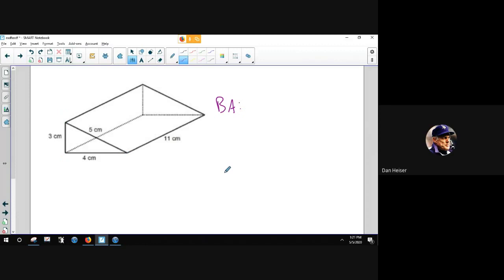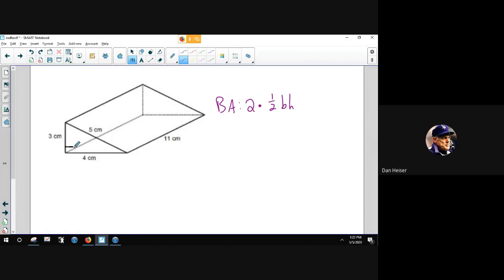So area of the base. Well, we have 2 triangles. Each triangle is 1/2 base times height. And notice I used the little b to represent the base. Looking at my triangle, I see the lengths 3, 4, 5. Now we know from prior units that this is a right triangle, because 3 squared plus 4 squared equals 5 squared.